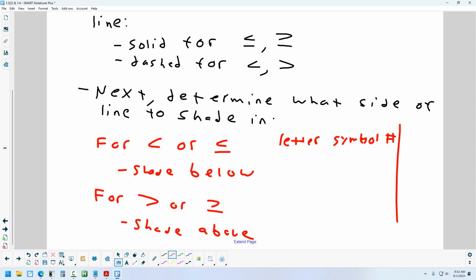In the special case, which is vertical, the direction it's pointing will tell you which way to shade. Other than that special case, less thans are always shaded below, greater thans are always shaded above. Just to be clear, if this is your line, this is above, that's below.